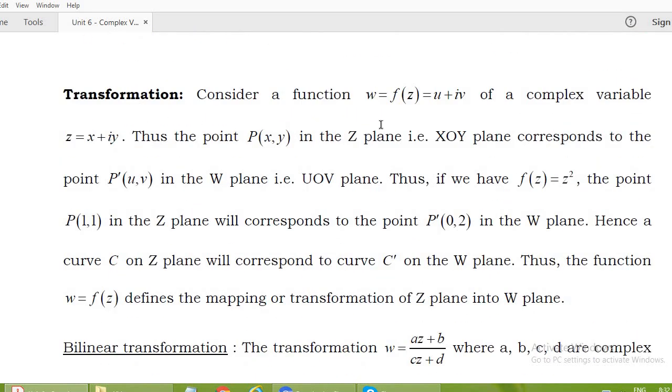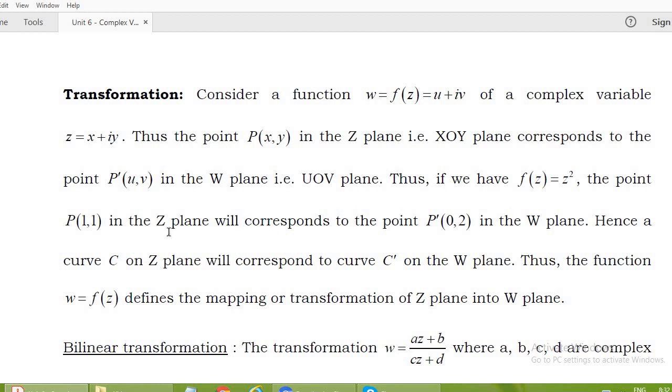Transformation. Suppose w equal to f(z) is a function, then for every point P with coordinates (x, y) in the z plane, there corresponds a point with coordinates (u, v) in the w plane. Suppose the transformation is f(z) equal to z squared, then we know that u is equal to x squared minus y squared and v is equal to 2xy.